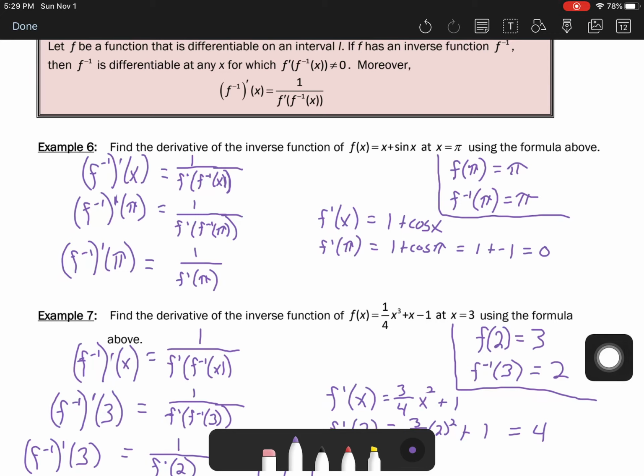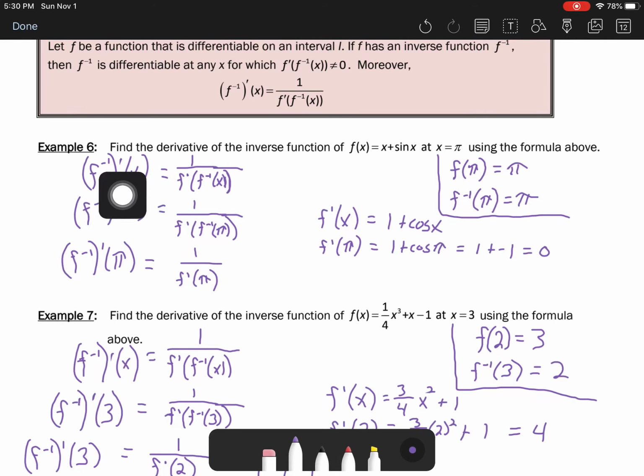Example 6 probably didn't help the understanding as much, because as it turns out on this trig function, the ordered pair (pi, pi) is on there. So when you flip it over, you still get pi, so f inverse of pi is also pi. So it was more confusing to explain on this one, but it's just the way it works out.